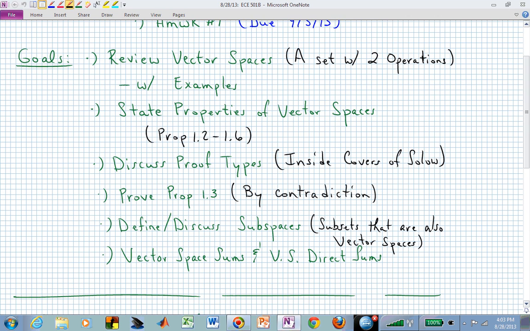We will then look at how we can maybe separate these vector spaces into pieces, or subspaces. We'll define that concept and discuss that. Basically, it's a subset of your original vector space, but the subset enjoys all the properties of a vector space. If that's the case, then it's a subspace.